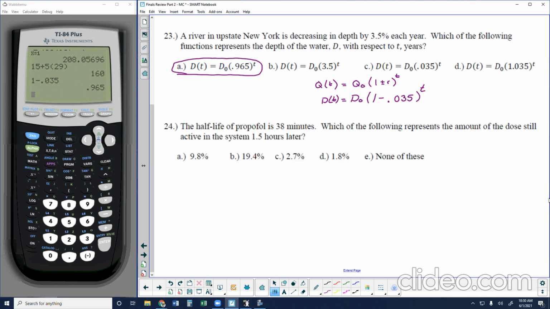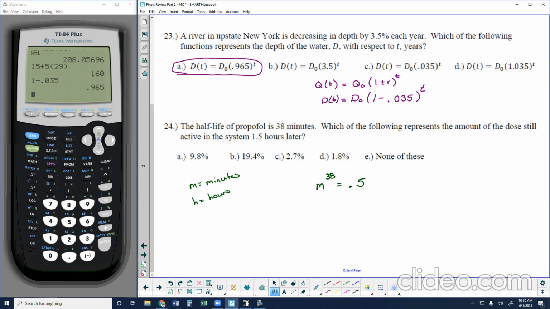So let's let m represent minutes, and let's let h represent hours. And I'll show you the written out work, and you could get here a little bit faster. But if I want to have 38 minutes, that would be m to the 38th power. This is the half-life, so the percentage that would remain would be 50%, or 0.5.